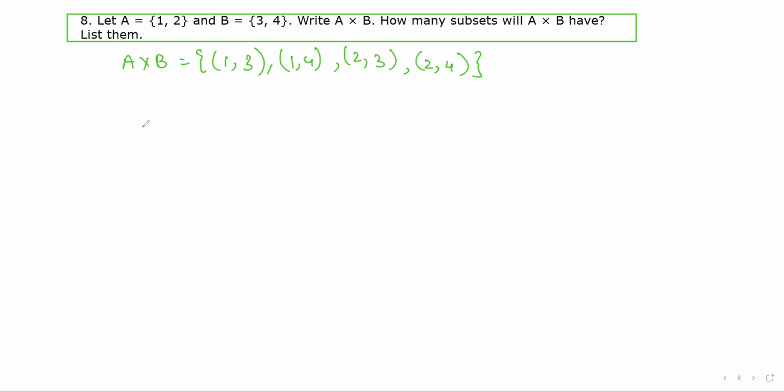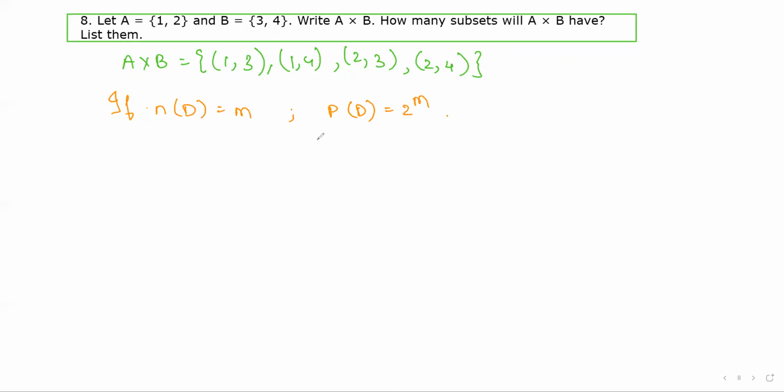Now we know that if the number of elements in set D is equal to m, then the power set of D will have 2 raised to the power m elements.